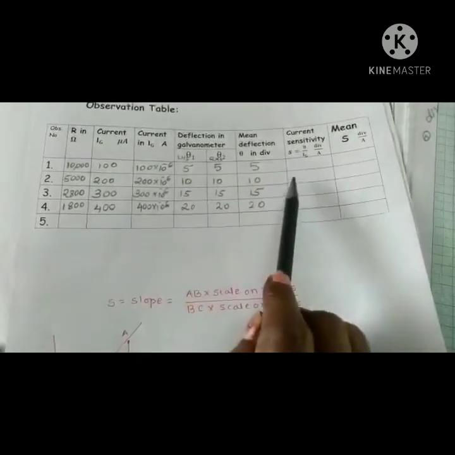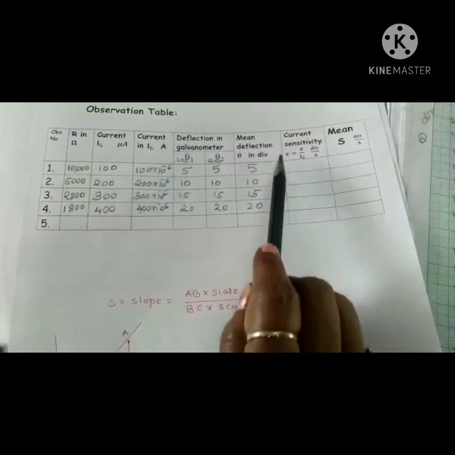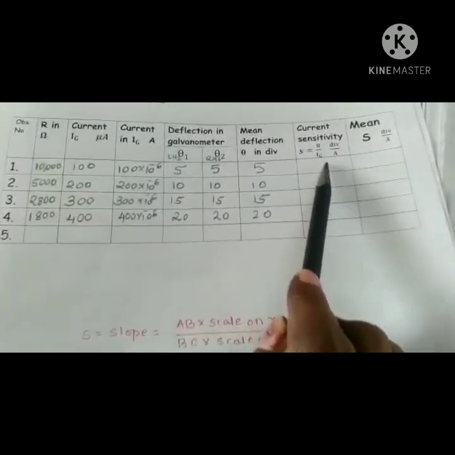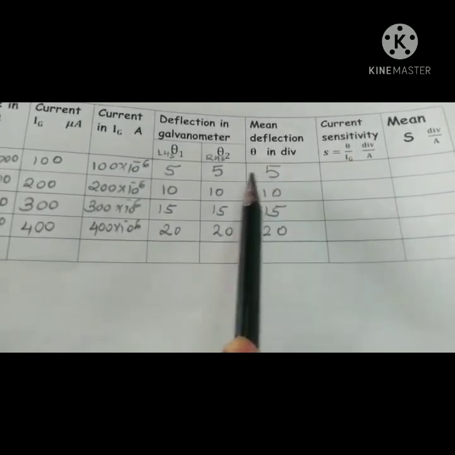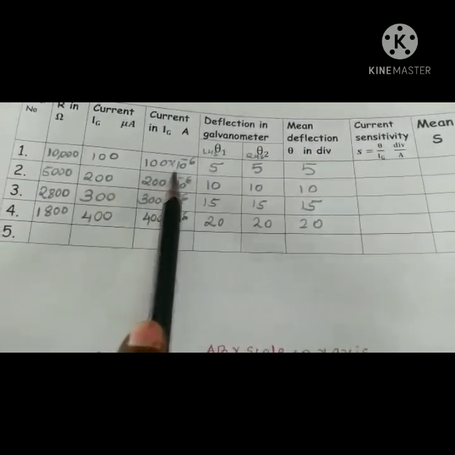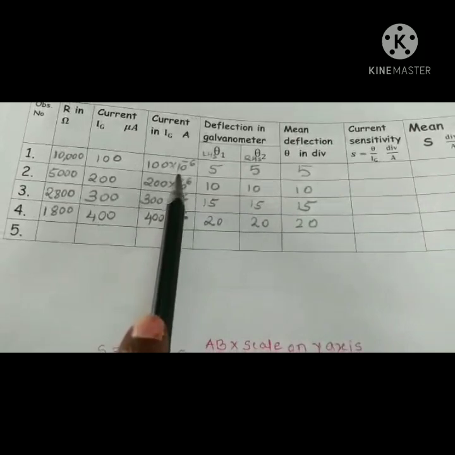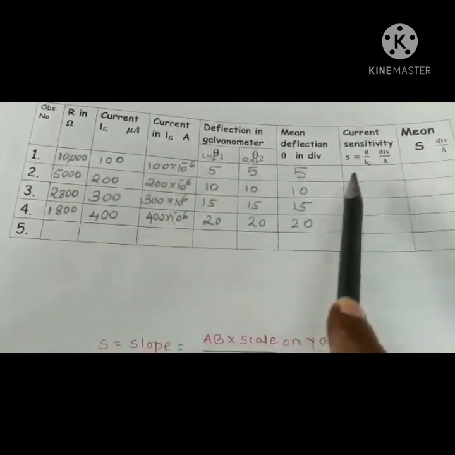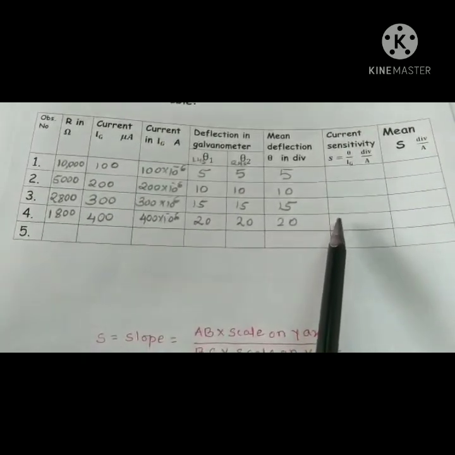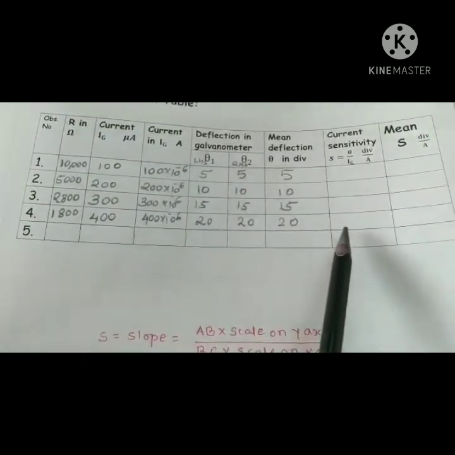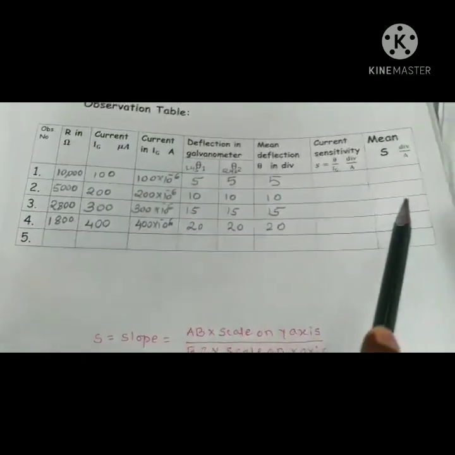The second last column is current sensitivity, S equal to theta by Ig, which means 5 divided by 100 into 10 to the power minus 6. We have to do the calculation and write it here. Likewise, for all the remaining 4, we have to do the same calculations and then take the mean.